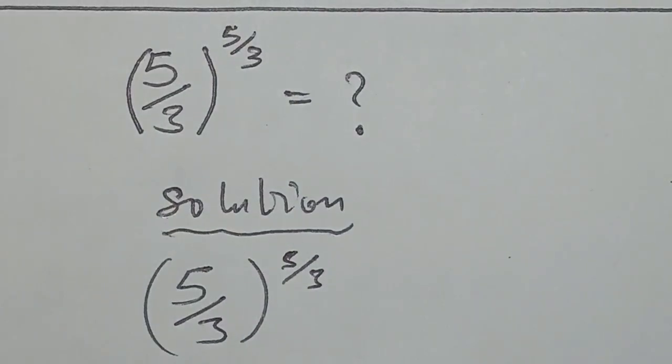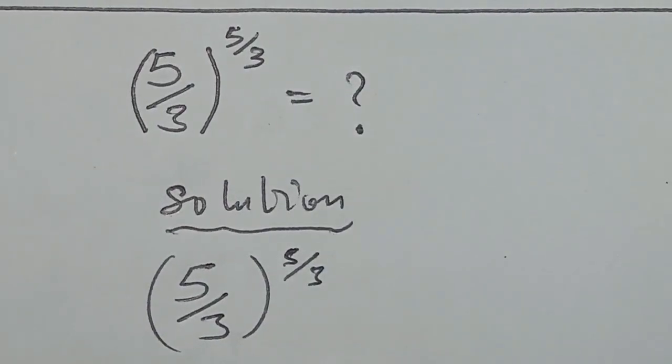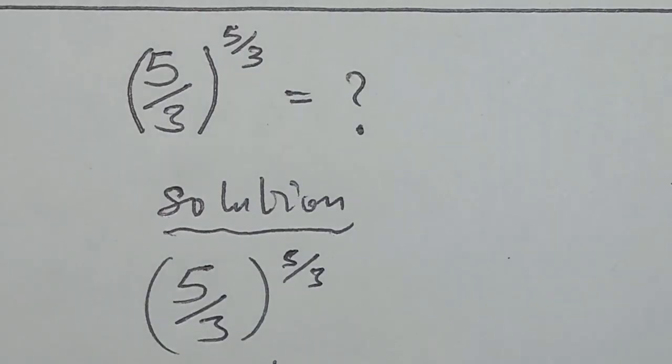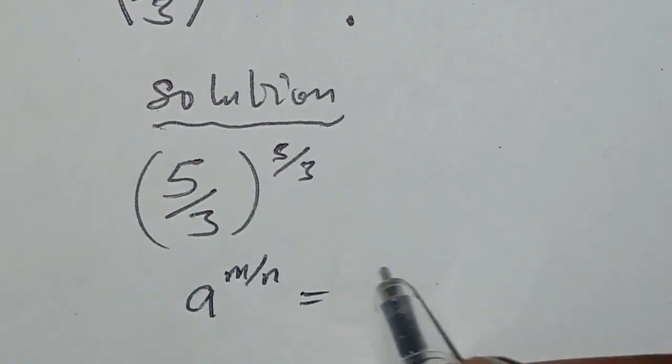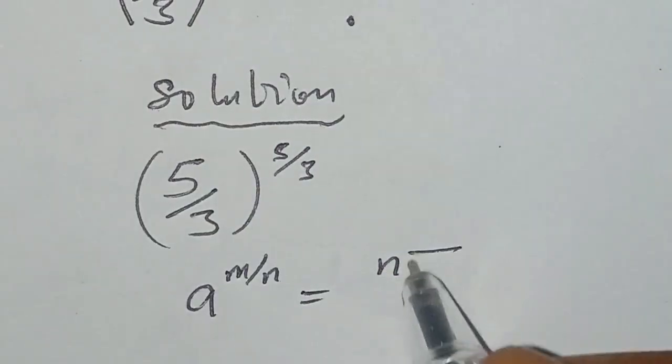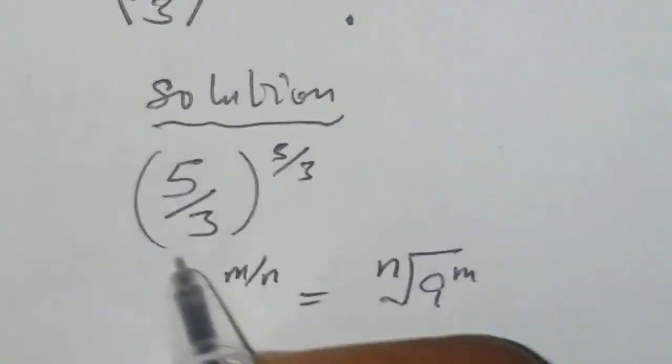From this problem, we recognize the fractional exponent as a root. From a to the power of m over n, it is written as the nth root of a to the power of m.